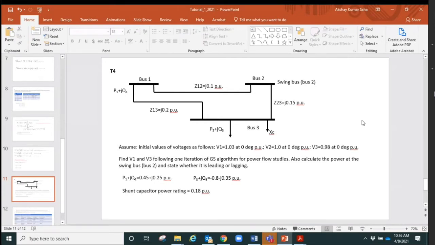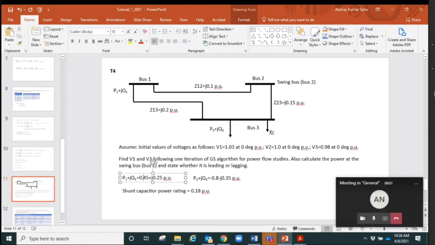You can see for bus 1 is P1 plus jQ1, for bus 3 is P3 plus jQ3, and their values are also given. P1 plus jQ1 is 0.45 plus j0.25, and then for the load on bus 3, P3 plus jQ3 is minus 0.8 minus j0.35 per unit.